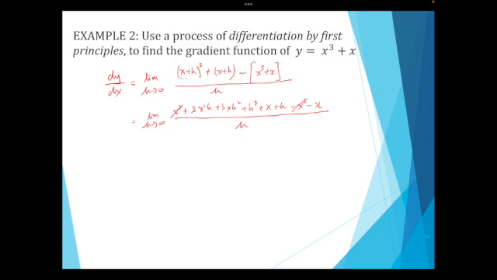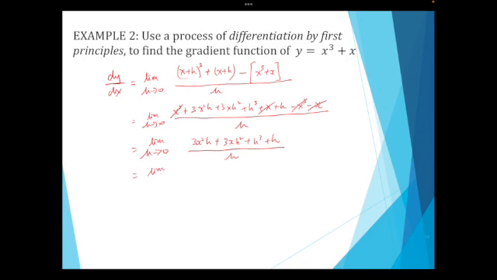Of course, you can eliminate the x cubed, you can eliminate the x. Alright, so now we have limit of h approaches 0, (3x squared h plus 3xh squared plus h cubed plus h) over h.